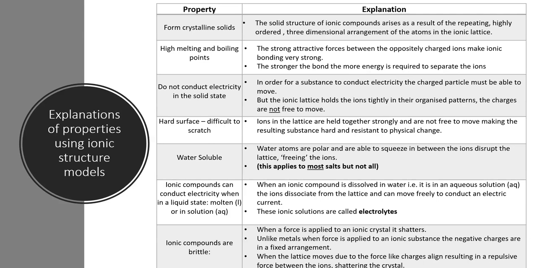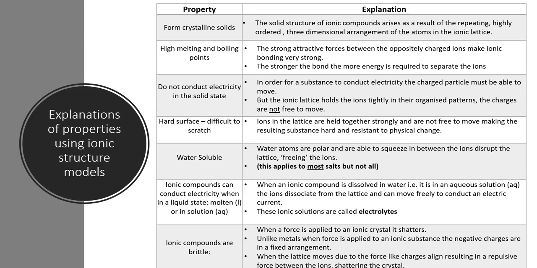They don't conduct electricity in the solid state. This is because they've not got free electrons moving between them. They have hard surfaces, they're difficult to scratch. Again, this is because of those really strong bonds.